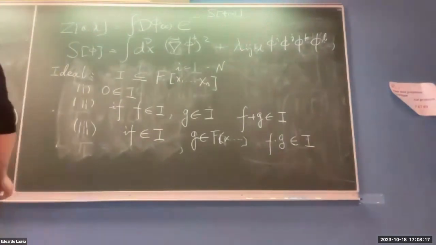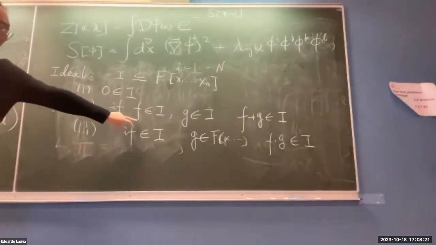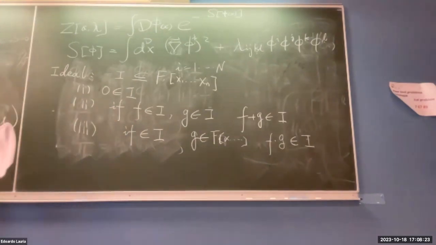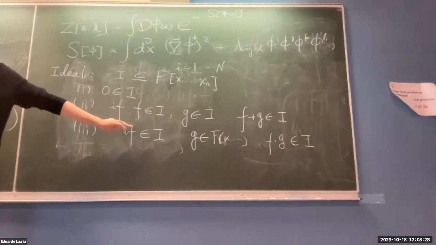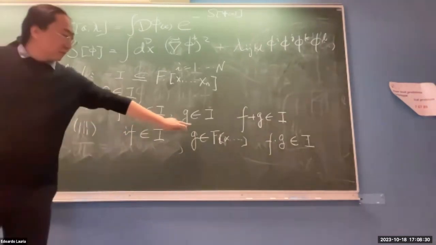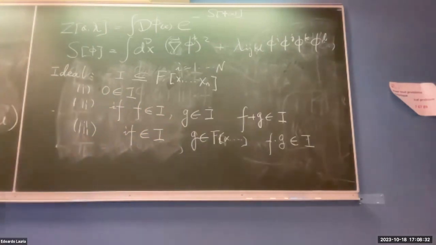Okay, why is this important? I'm looking for solutions to some polynomial equations, right? Let me explain this way. I am going to have a set of polynomial equations, f1 equal to 0, ..., fn equal to 0. You should understand this as a generating set of your ideal.